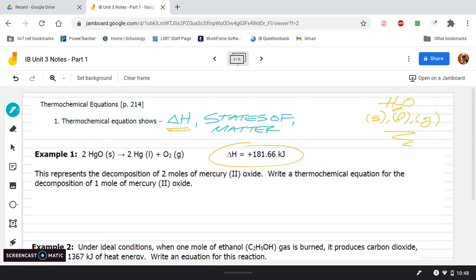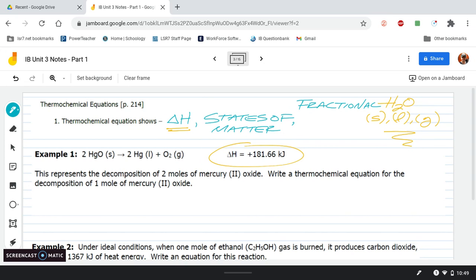And the last thing that you could run into is a fractional coefficient.